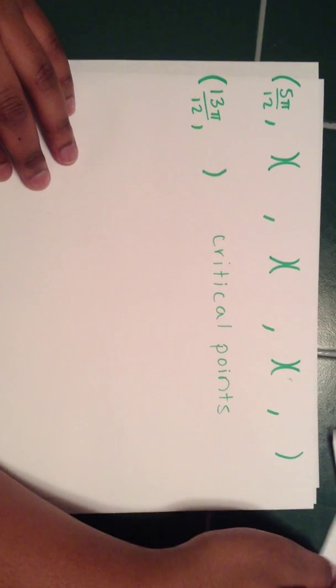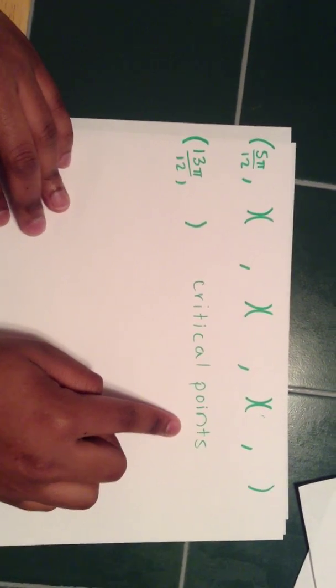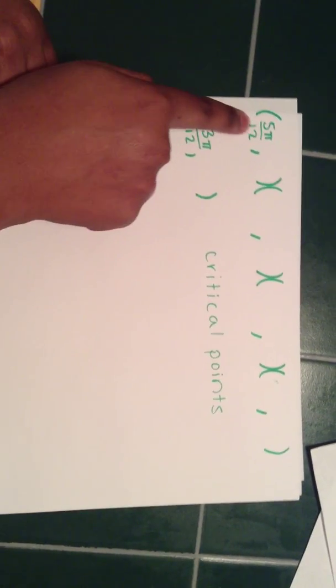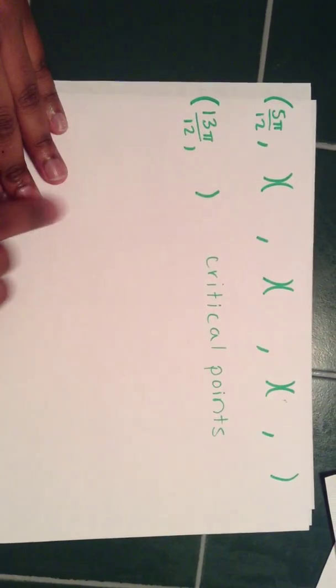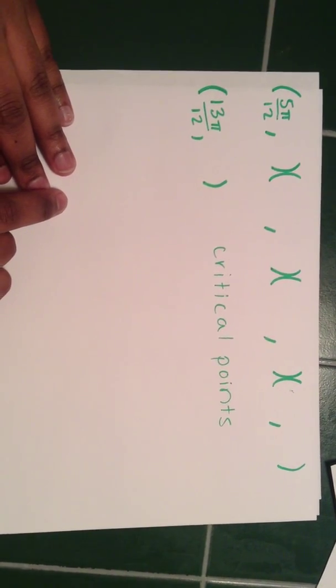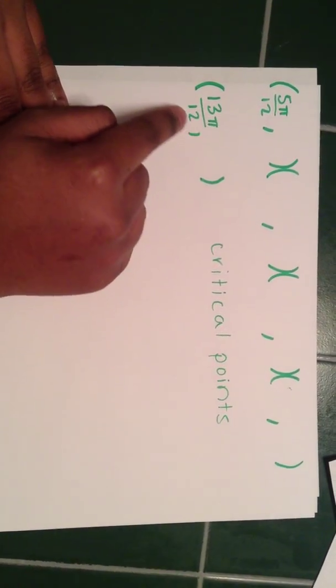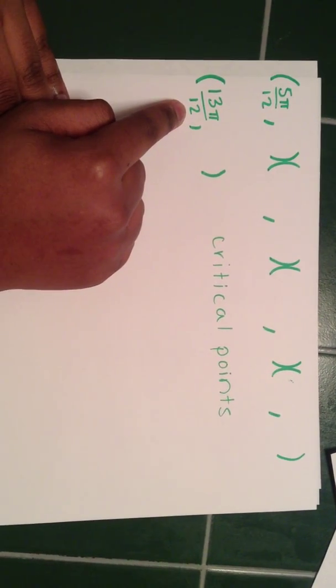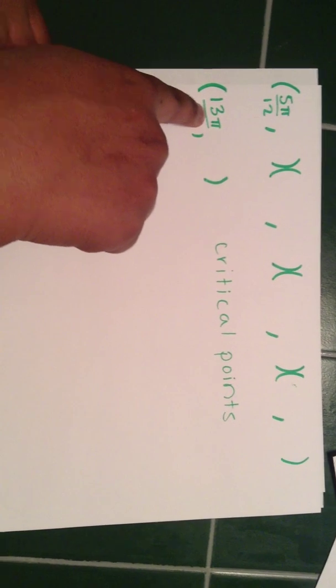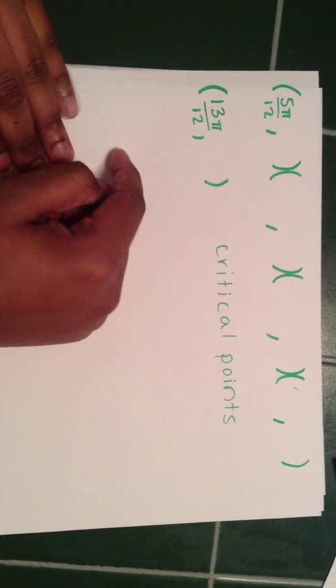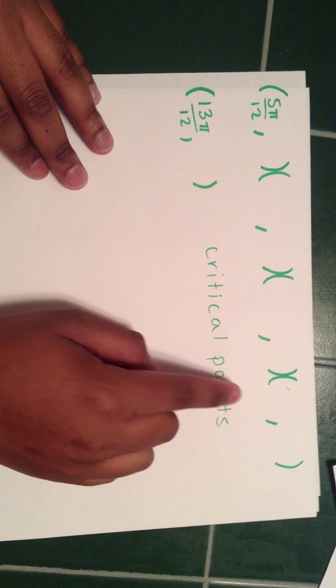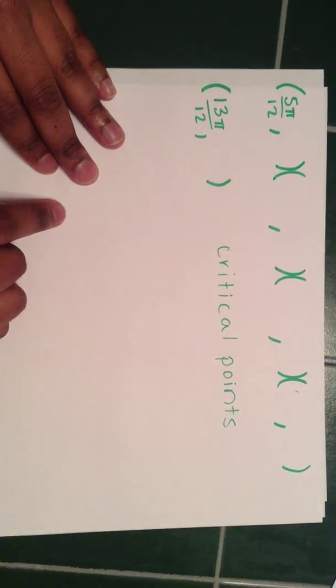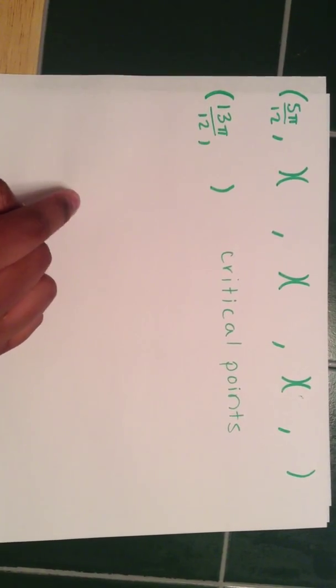Okay? For your critical points, your left endpoint x is 5 pi over 12, and your right endpoint is 13 pi over 12, which is right here. Okay? To get these, you would have to then divide the period by 4.